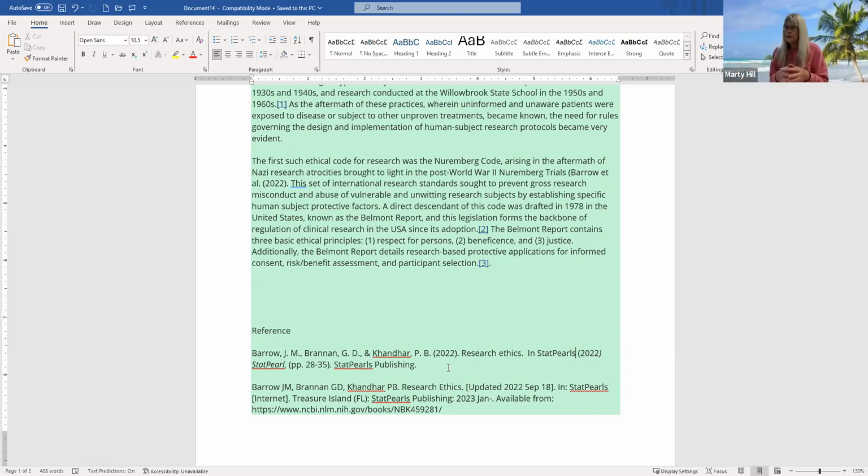You'll also be looking at books, so learn how to format a book in APA. There are only two right now that you'll probably be working with. Learn those two, because those are the two basic ones you'll be using throughout the entire process. Anything else is why we have the manual.